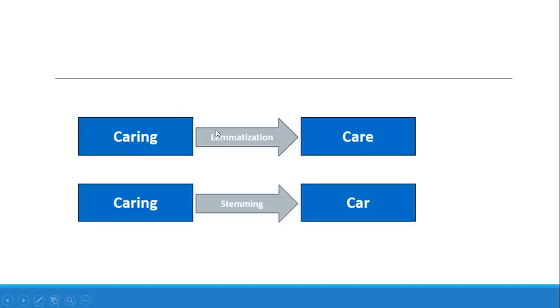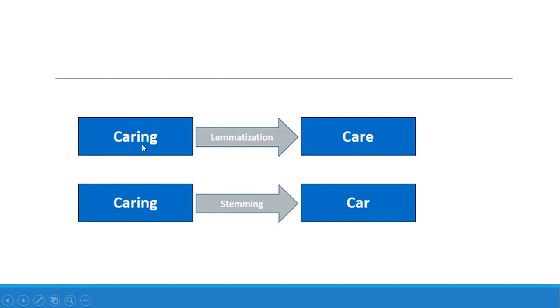Let us see the difference between lemmatization and stemming. In stemming, only the affixes are removed, but the stemming process will not care about the actual meaning of that particular word. But lemmatization makes sure that after removing these affixes like ing forms, the actual meaning does not change.